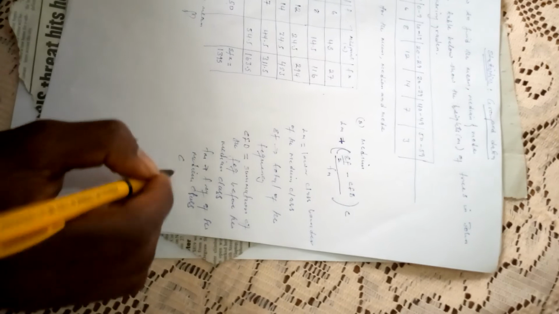And Fm is the frequency of the median class. And C is the class size.